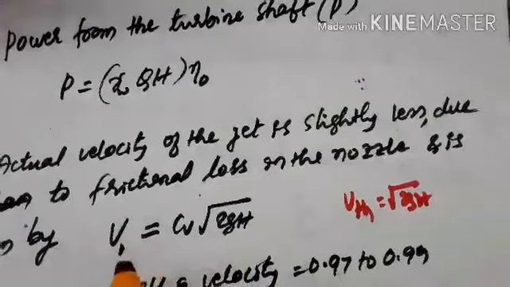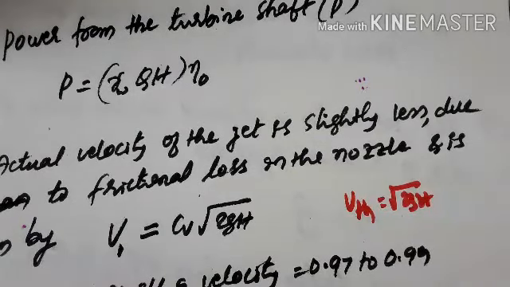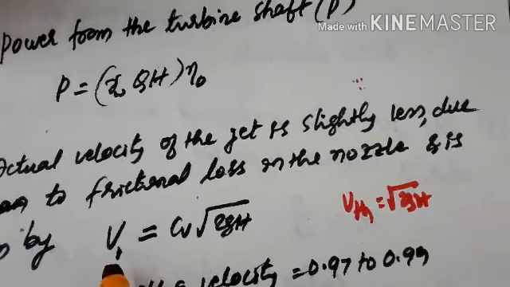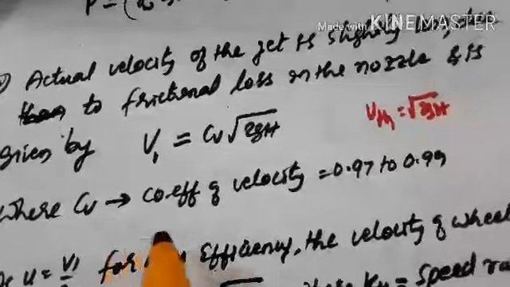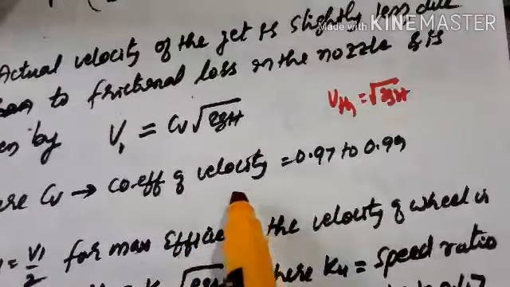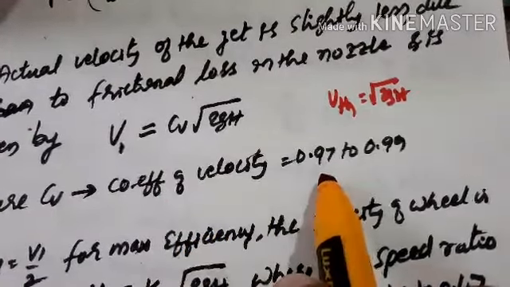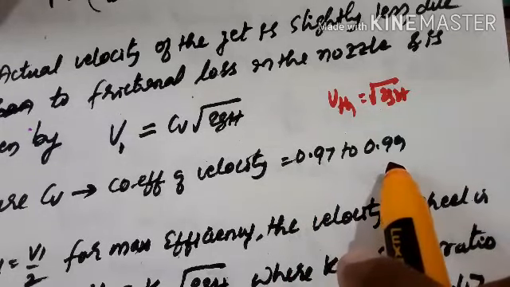Based on that, the actual velocity can be given as CV into root of 2gH, where CV represents the coefficient of velocity. Generally it is taken as 0.97 to 0.99.